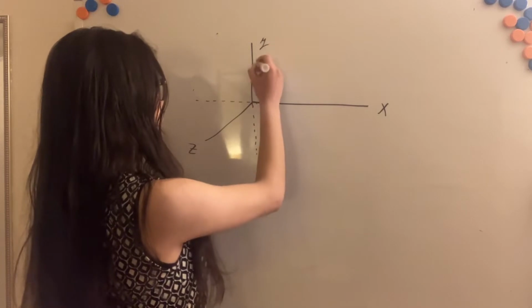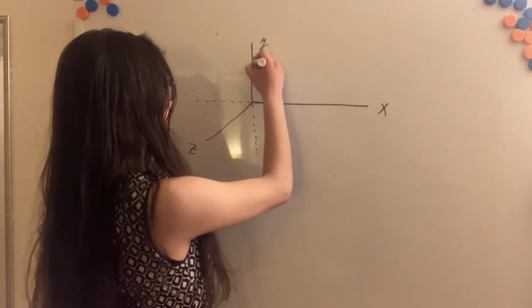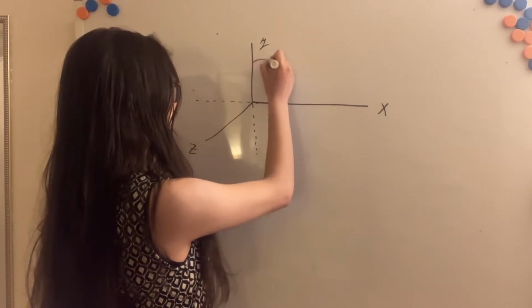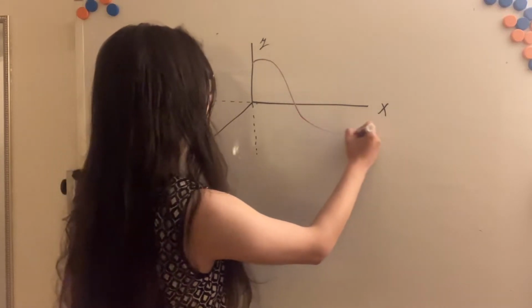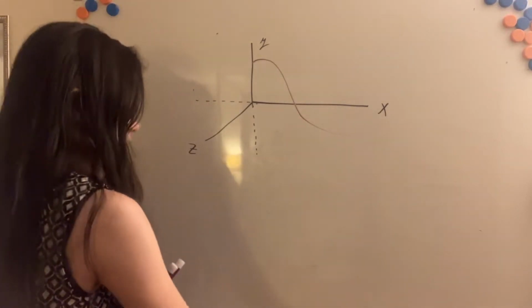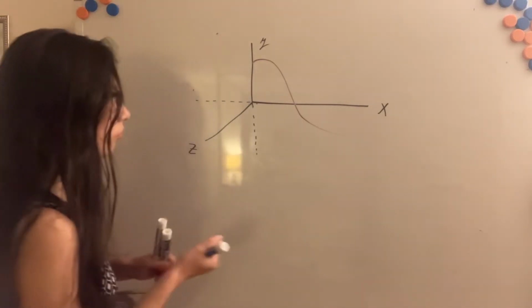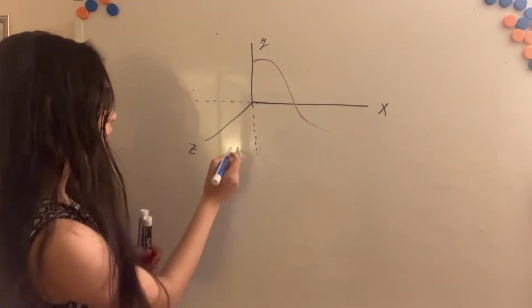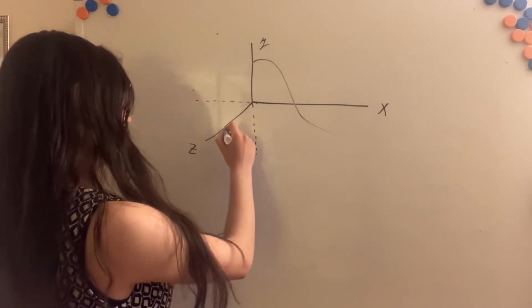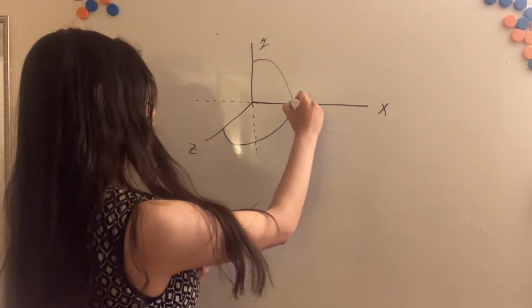So we have here the electric field, like this. The magnetic field would be in the x and z plane, so it would be something like this.